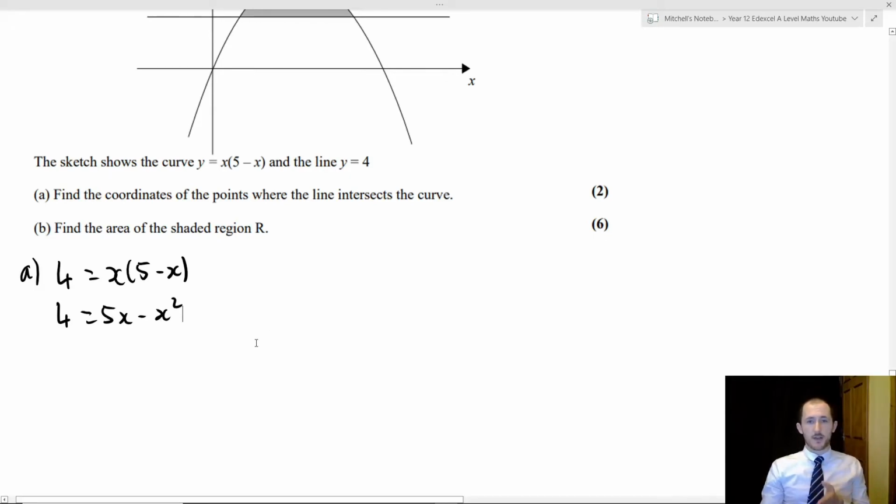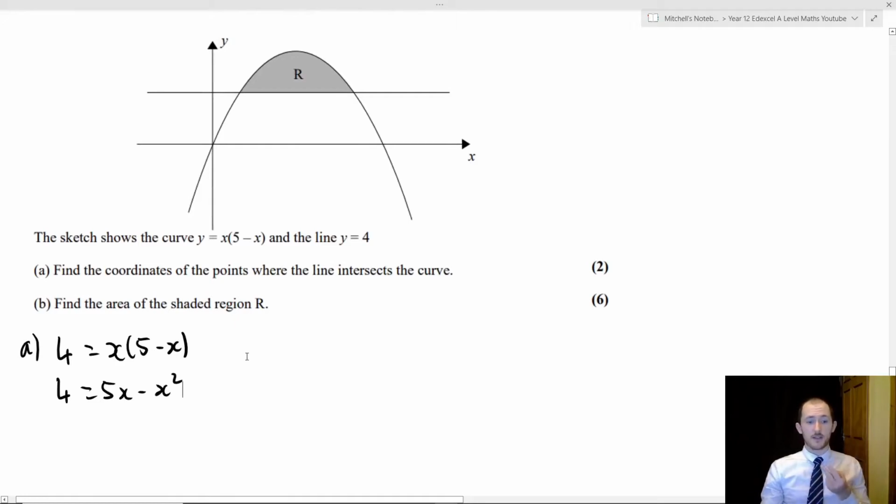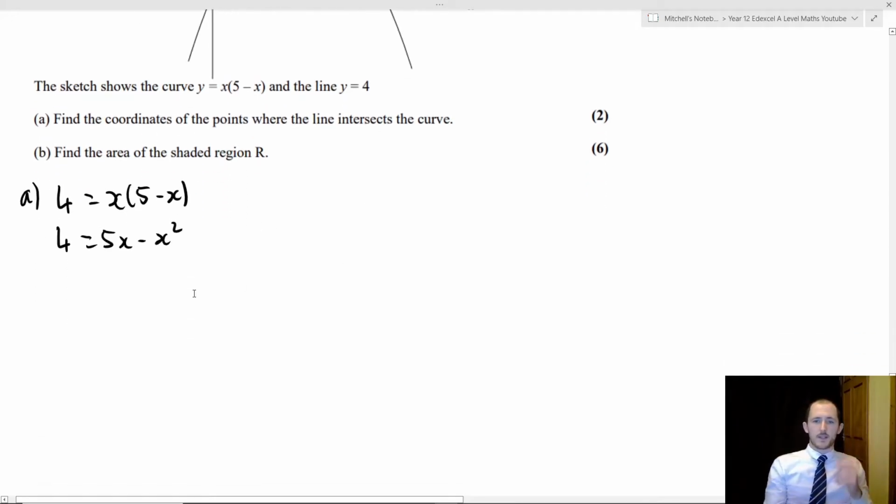Now this is a quadratic, so when we solve it, we're going to get 2 values of x, right? Which is good because we can see that it meets twice. So getting 2 answers makes sense, okay? So if you manage to solve this and only got 1 value of x, you know immediately something's wrong. So if we shove everything to the left-hand side, we're going to have x squared minus 5x plus 4 equals 0.